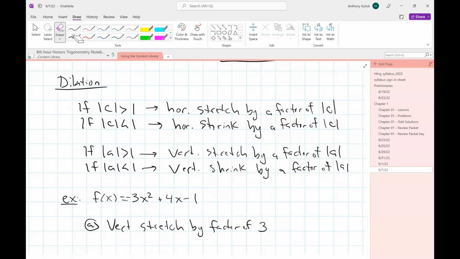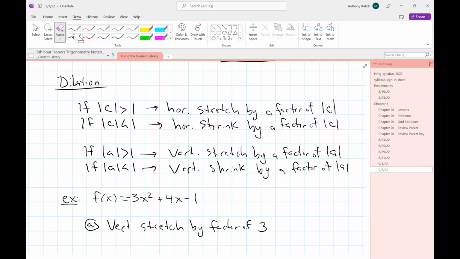And if the absolute value of C is less than 1, so values like a half, a third, 2/3, 7/8, 0.96, or the negatives of any of those, those will be horizontal shrinks. So we're squishing it in horizontally.